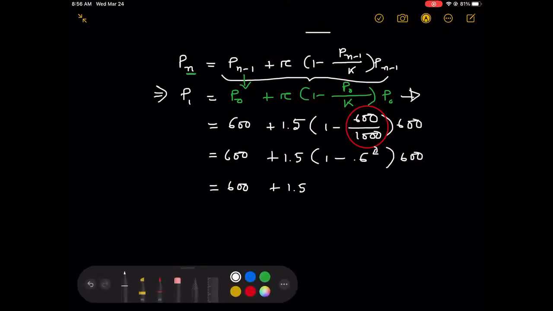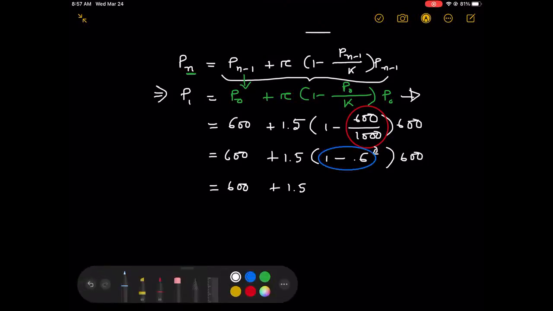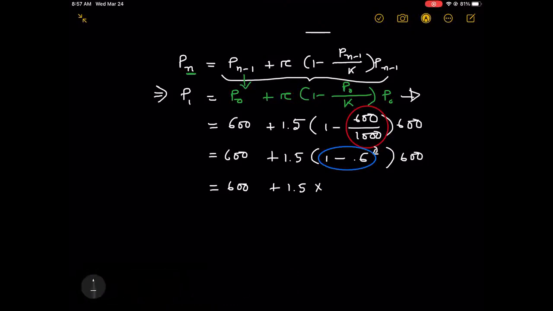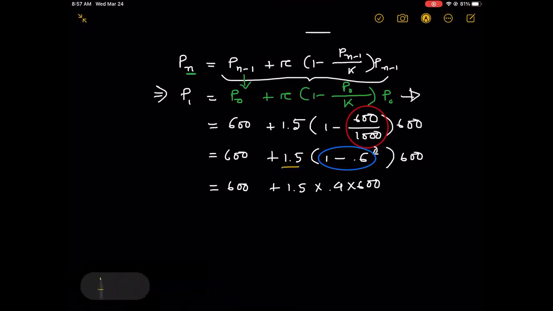Now we are looking for this. 0.4. So we have 1.5 times 0.4 times 600, right? Because it was already working as a product. You can see 1.5 times this item times 600.